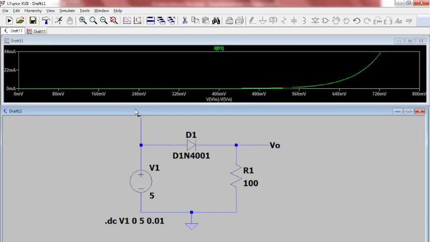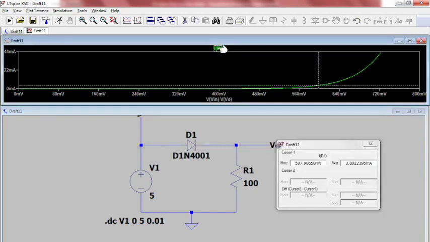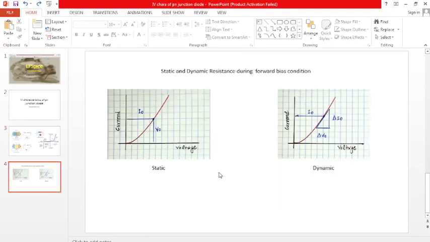Now, one additional thing we need to know is that we have to find out the static and dynamic resistance in forward condition. What is the static resistance? Static and dynamic resistance during forward bias connection.